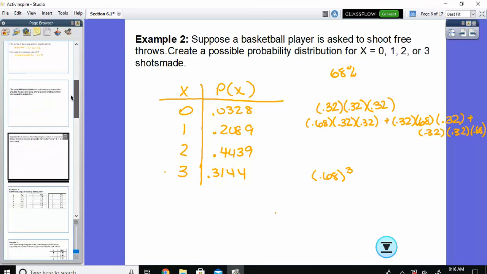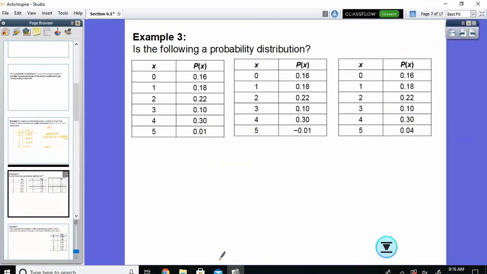So let's look at some, and I want you to tell me if these are probability distributions or not. So what do I need to check? It equals 1. Okay. So are all of these between 0 and 1? Yes. Let's see what it adds up to. So is it?